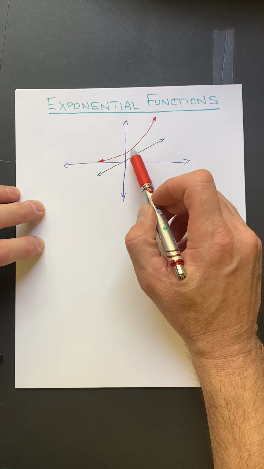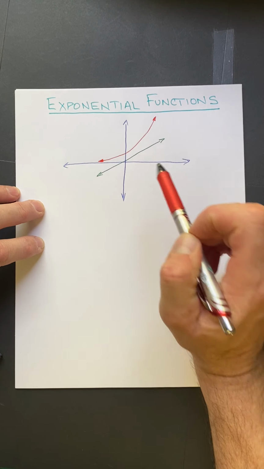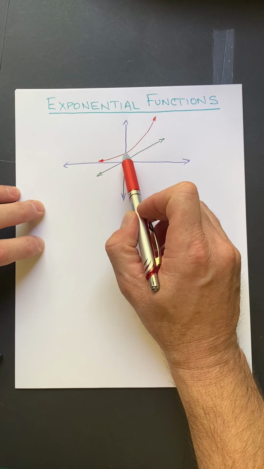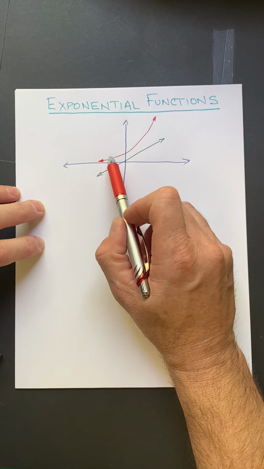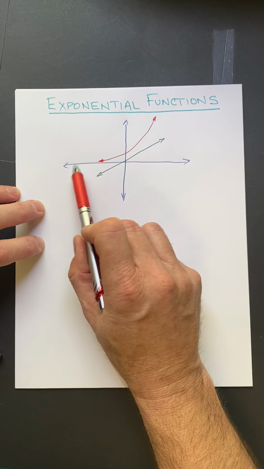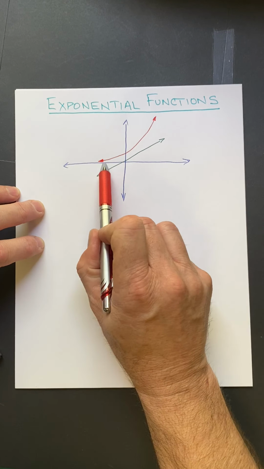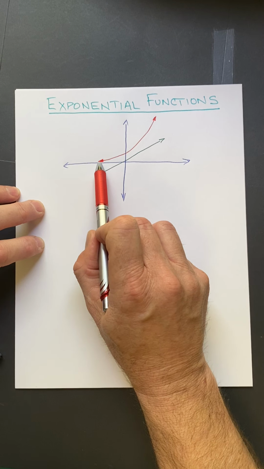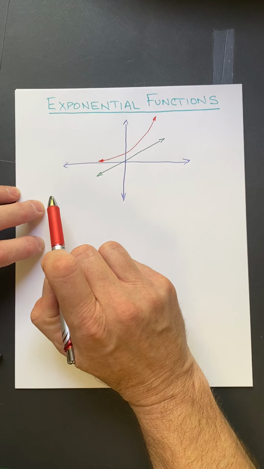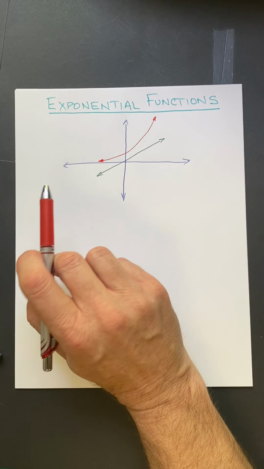My slope is increasing, right? If I look over here, my slope is decreasing, and it's going to be approaching the x-axis, and something we're going to learn is that an exponential function never intersects or touches the x-axis, okay?